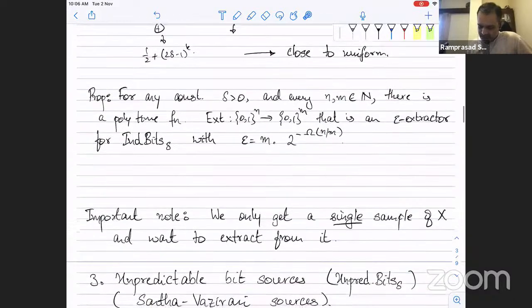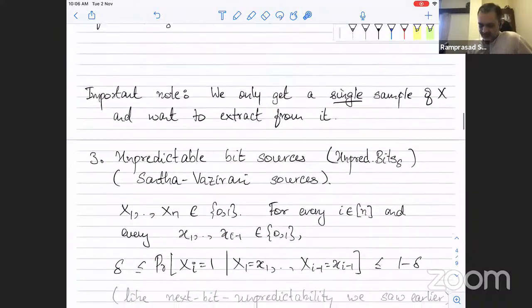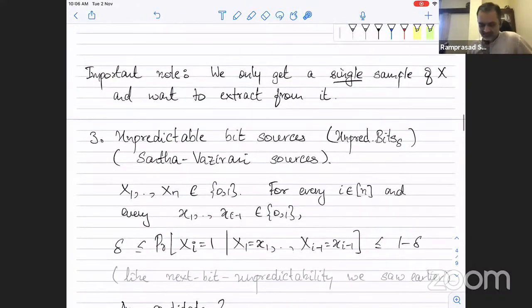Now I'll define these things called unpredictable bit sources. These were introduced by Miklos Santha and Umesh Vazirani, and it's a pretty interesting source with a next-bit unpredictability property.